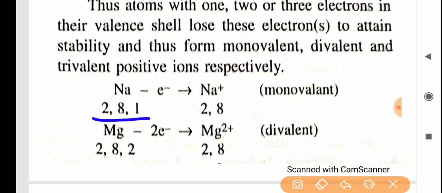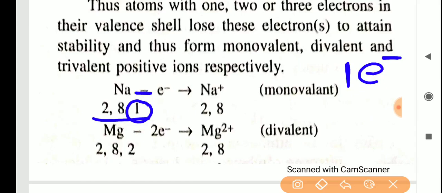Losing means subtracting or removing. Removing means decreasing in number, that means subtraction, so for removal we put the minus symbol. Sodium is removing only 1 electron, so Na minus e minus. Electron is represented with e minus; if you put 1 also, it is correct.